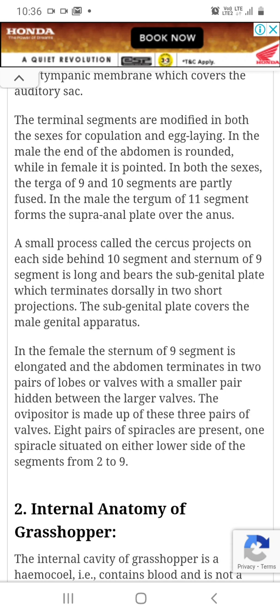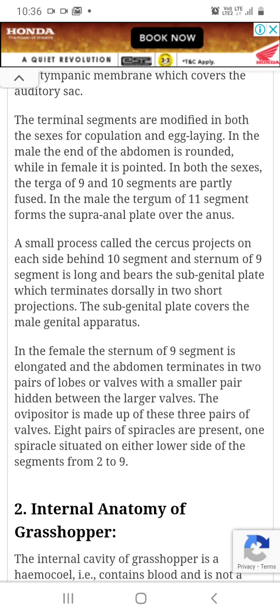The ovipositor, which is a specialized structure present in female grasshopper, is made up of these three pairs of lobes, and they help the female to lay the eggs.